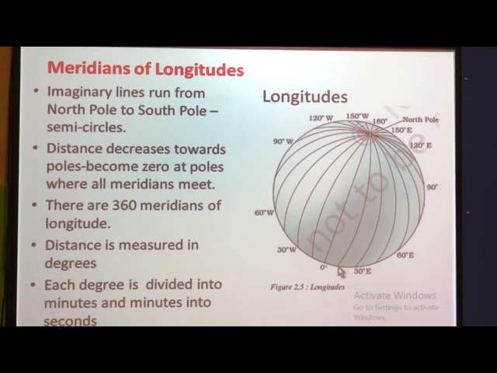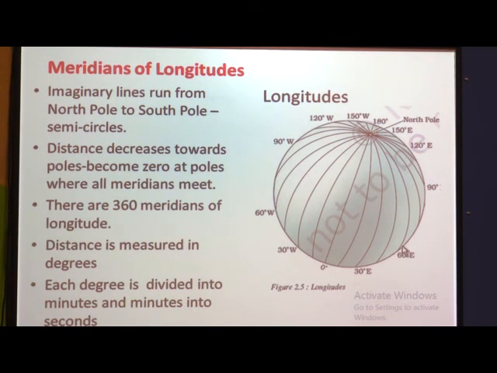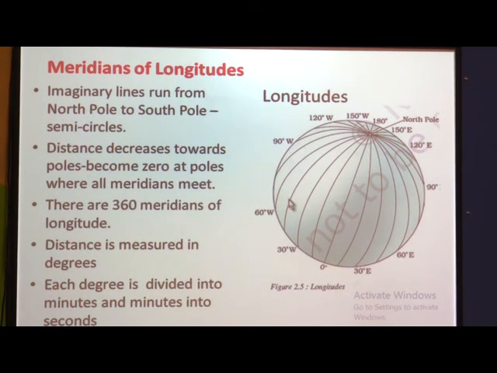So they are at 15 degree, again 30 degree, then 45 degree, then 60 degree, again 75 degree, like that it goes on increasing till we get total 180 degree longitudes in the eastern side and total 180 degree longitudes in the western side. So like this total there are 360 longitudes.